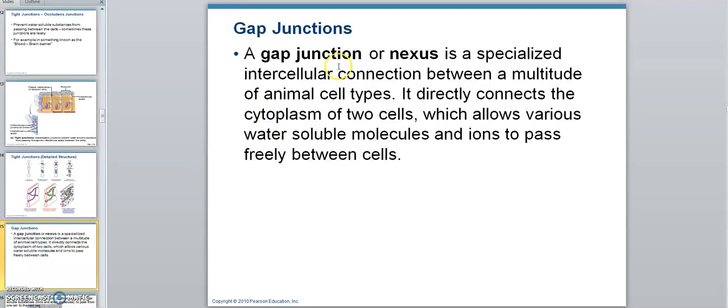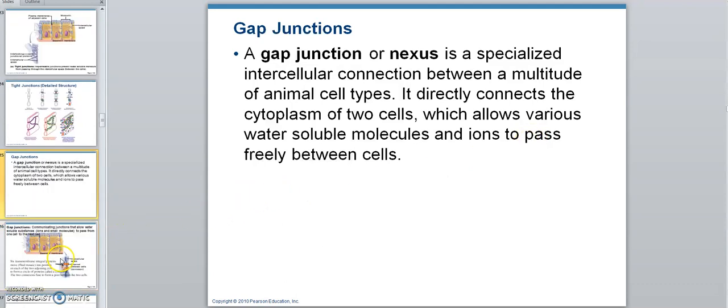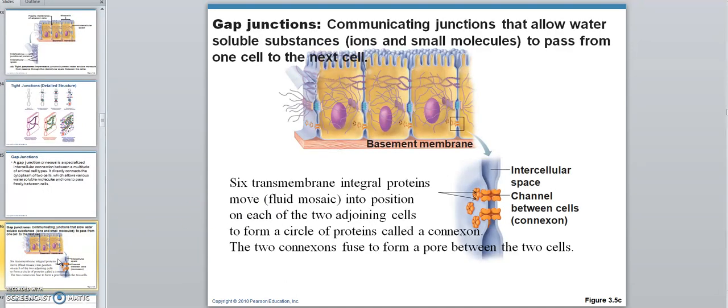The gap junction, or nexus junction, allows water-soluble stuff like ions to pass freely between the cells. Pass freely. Here would be an example of that. And actually what happens is you have these six transmembrane integral proteins here.